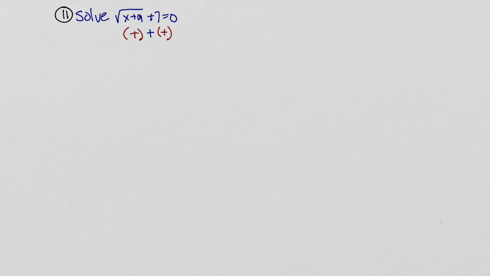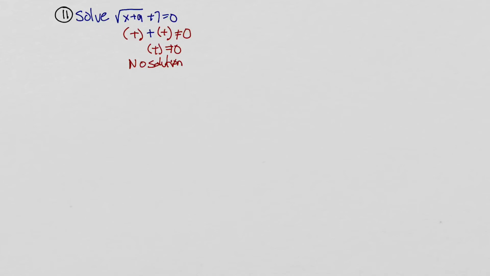Now look, how can we add a positive number and a positive number together and get 0? This cannot happen. So what I'm thinking here is, I know that a positive number cannot be 0, so I'm thinking this equation is going to have no solution.